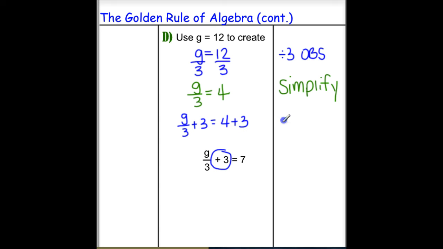So I add 3 on both sides. And then finally I can go ahead and simplify, and I get g over 3 plus 3 equal to 4 plus 3, which is in fact 7. Check mark. We can write down that our step was to simplify.